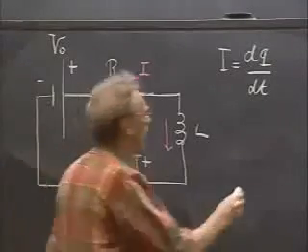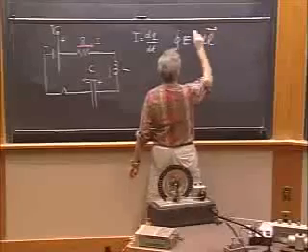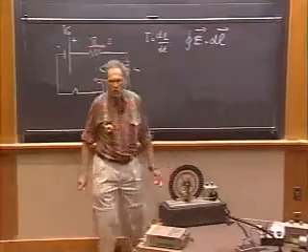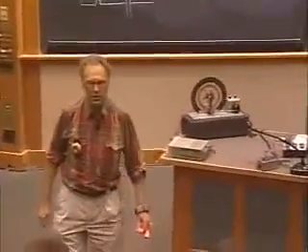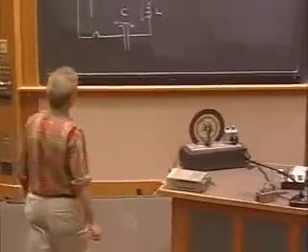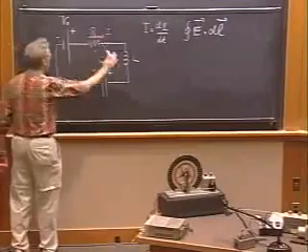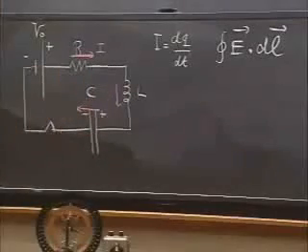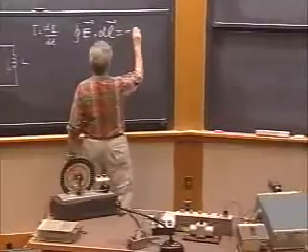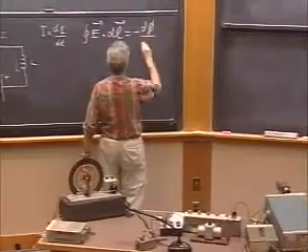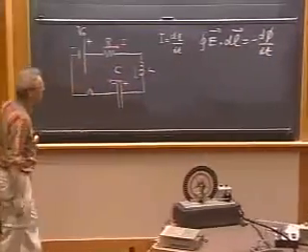And now I have to do the closed loop integral of E dot dl. Kirchhoff's law does not hold. The closed loop integral is not 0 because we have a magnetic flux going through a surface attached to this closed loop. So the closed loop integral of E dot dl is minus dΦ/dt, Φ being that magnetic flux going through that surface.